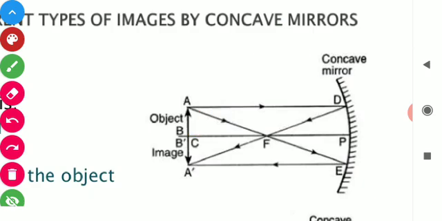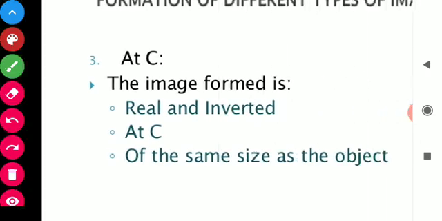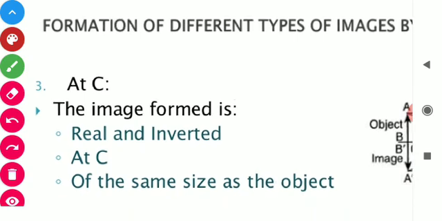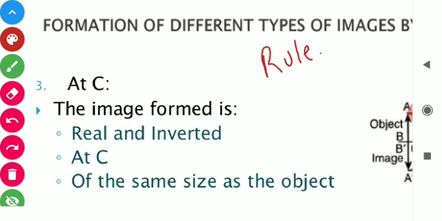So here you have to write four things. What are those? First, what are the rules you used for making this image? We used rule number 1 and rule number 2.